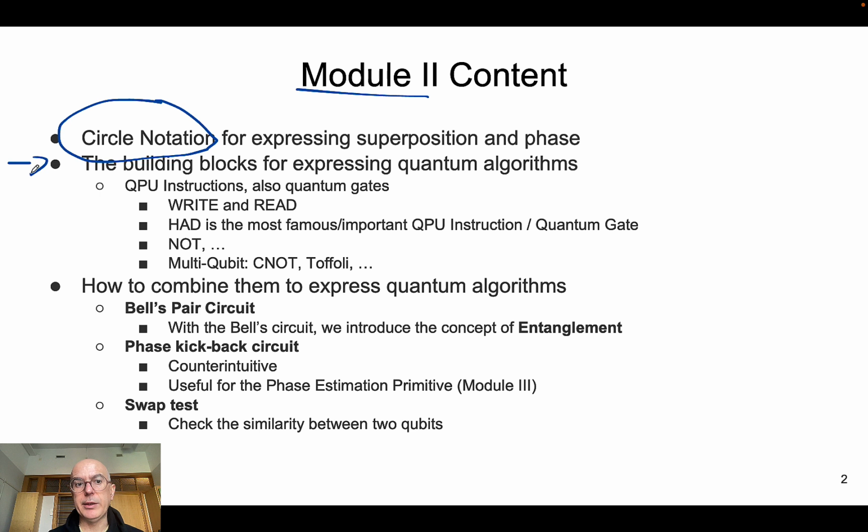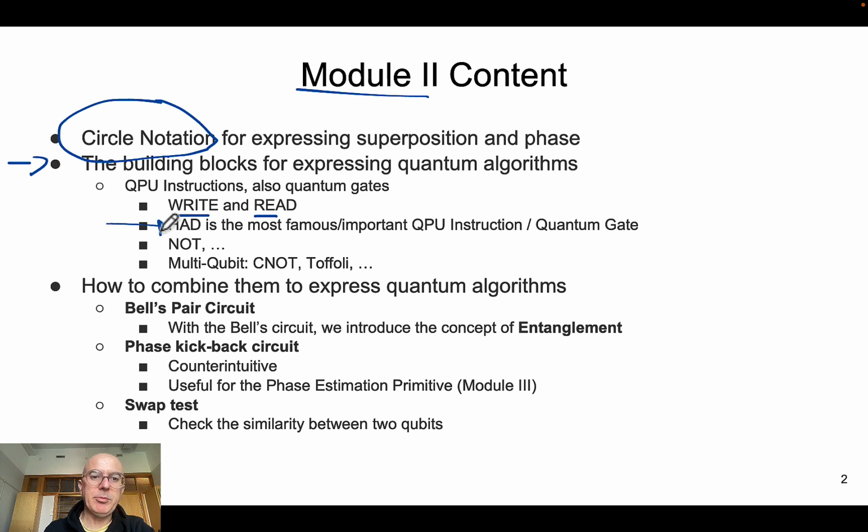These are the building blocks for expressing any quantum algorithm. We're going to look at QPU instructions or quantum gates such as write and read, that means initializing a bit and reading or measuring a quantum bit.